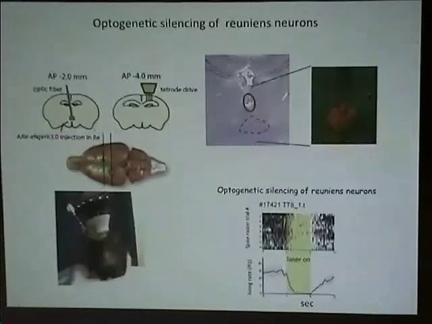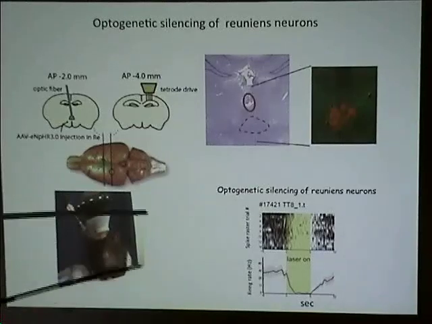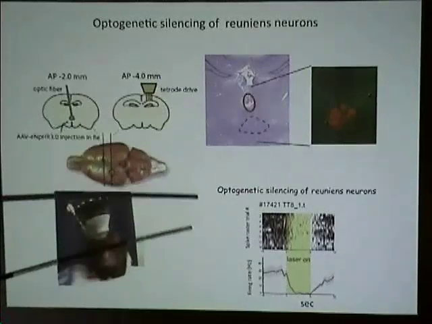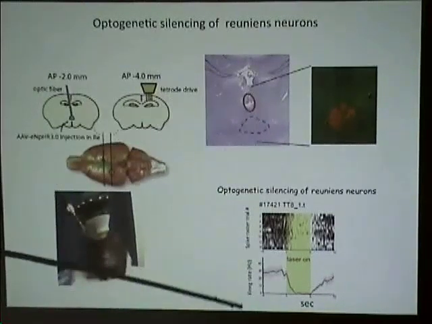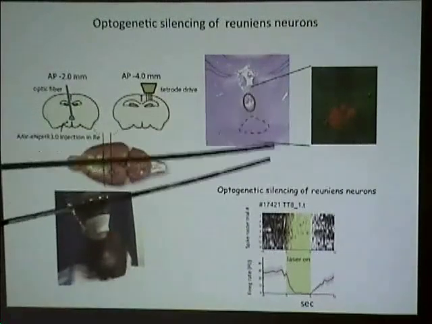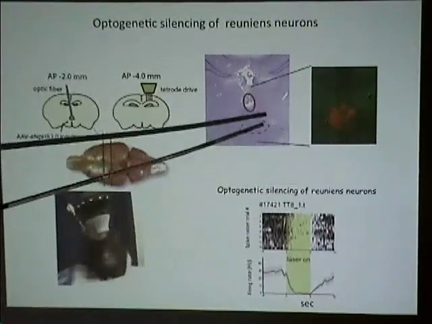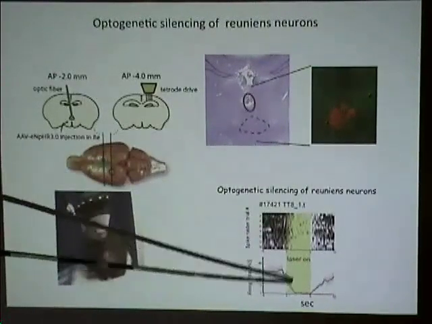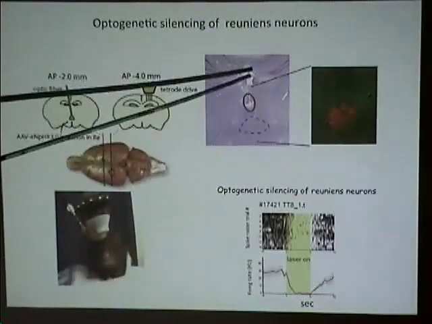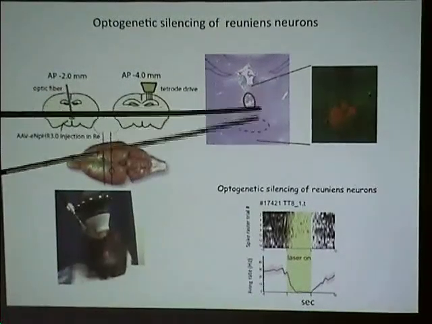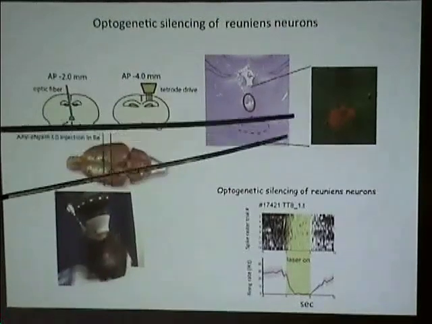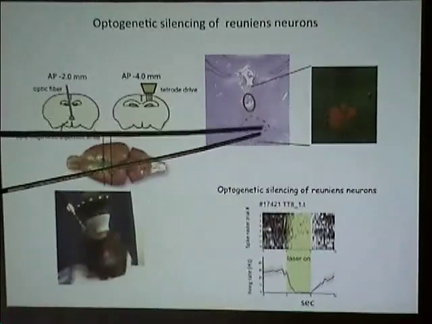Okay, so lesions, and the same was later shown with optogenetics too. What Hiroshi did then was to use the same type of viruses that I told about, and inject them into reunions directly, and then he can apply the laser just above the reunion. So this is the position of the optic fiber, and the reunions is here, and the virus hits reunions pretty well.